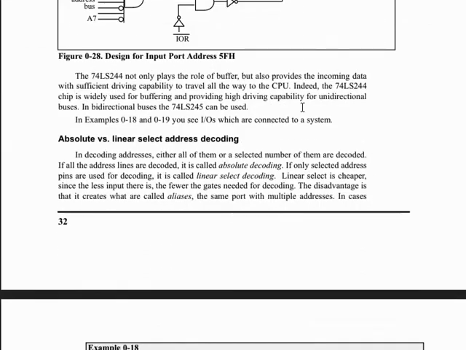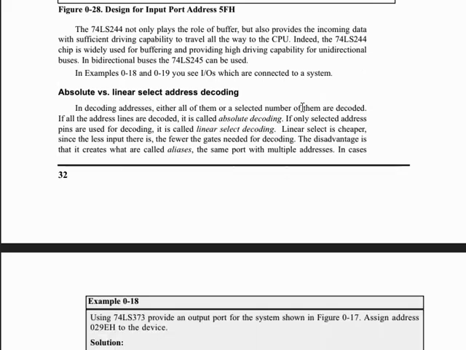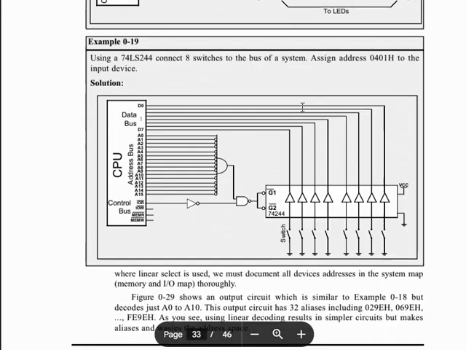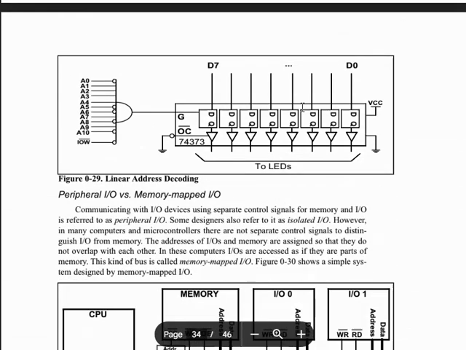Now it is absolute versus linear select decoding. In absolute decoding, all address lines are decoded. Linear select decoding uses only selected address pins for decoding. And we see these diagrams.